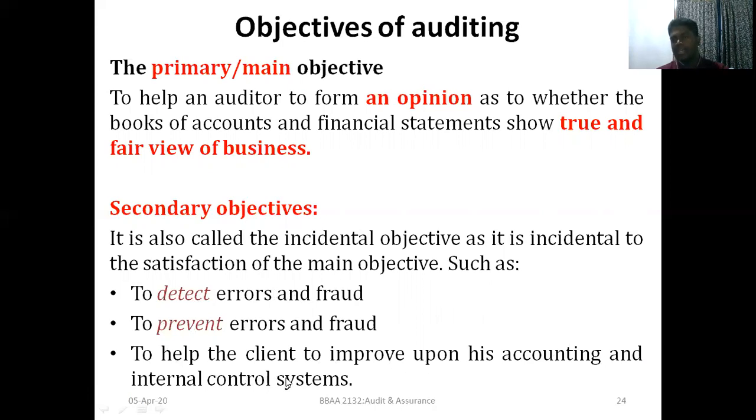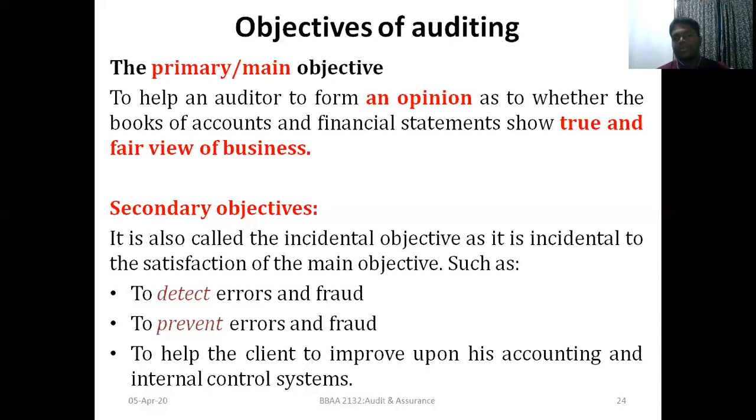Don't think that the auditor's duty is only to provide an opinion. After providing the opinion, the auditor can give some suggestions or recommendations to the client company for their future improvement and adaptation. Suppose there is any problem in the internal control system, then an objective of audit is to give some suggestions, tips or recommendations to the client company to overcome those problems.